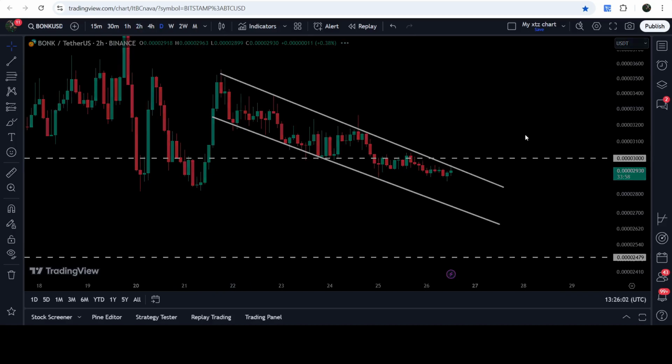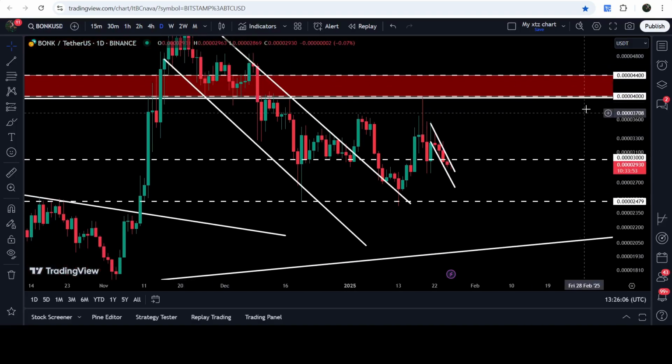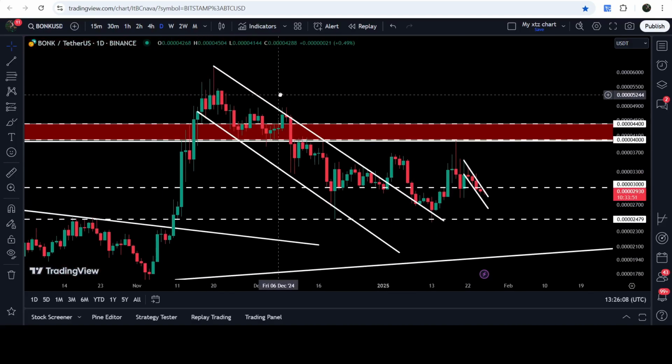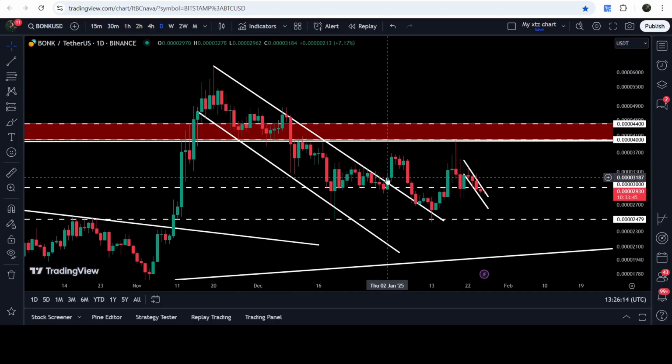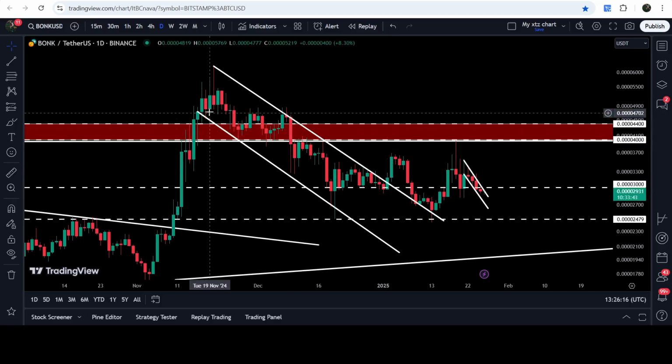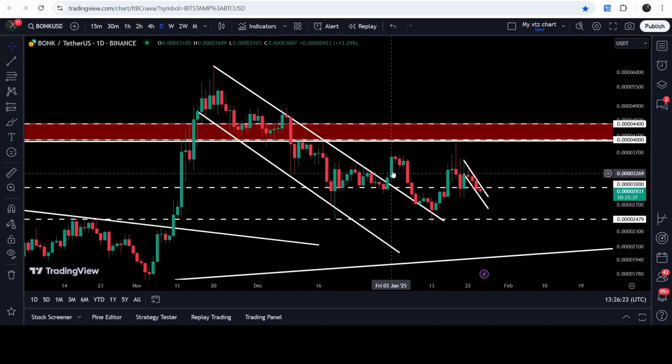That will be at $0.00035. Now, if you take a look at the daily time frame chart, then here you can see that the price line has already broken out this quite long-term down channel, by the way, that is coming from the month of November. From November to January 2025, it has been moving inside this channel. We had a bounce here, rejection, bounce, rejection, bounce, rejection, bounce, and finally several more rejections. The price broke out the channel but could not break out this resistance zone from 40 to 44.